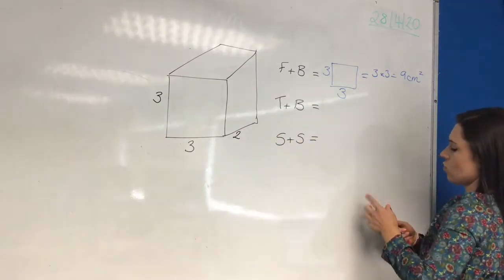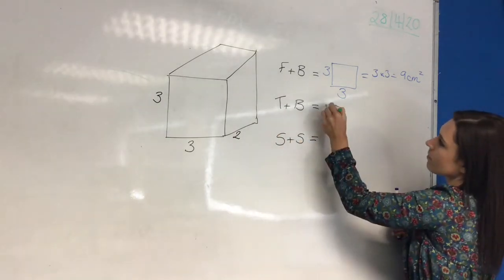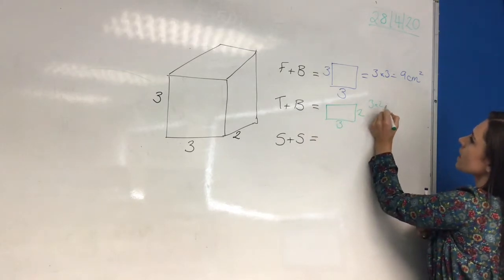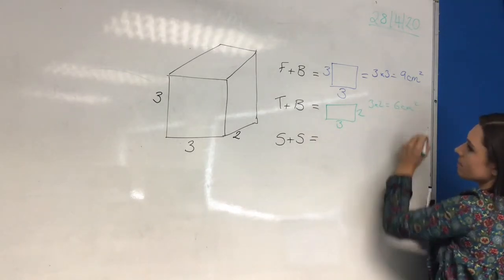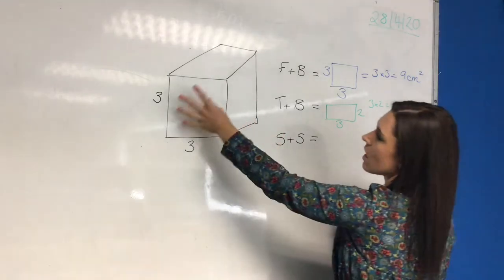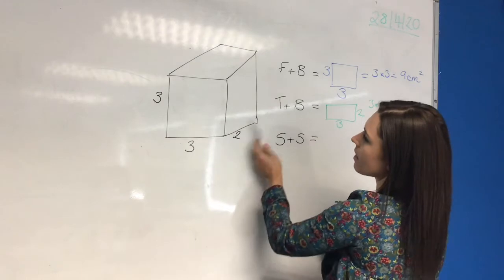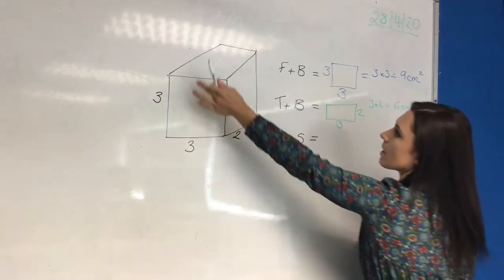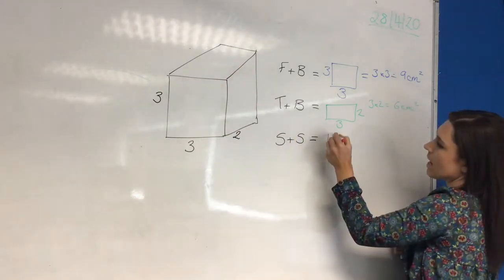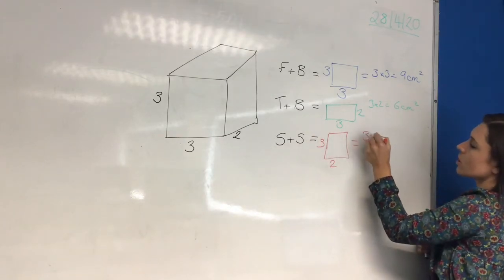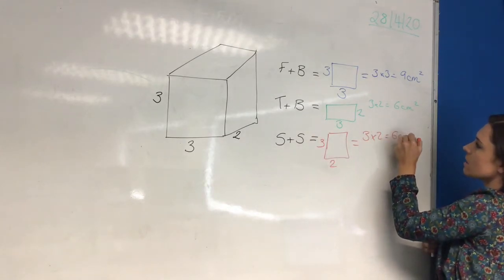So I can draw that out, 3 by 2, which gives me 6 centimetres squared. And then finally the two sides, the height is 3, the length is 2 for here and here. So again, we have another 3 by 2, which gives me 6 centimetres squared.